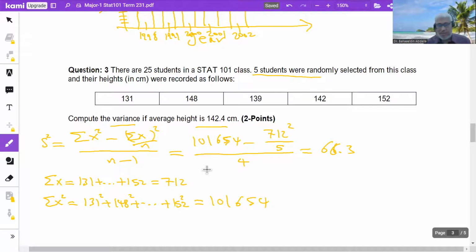If you go to stat mode, okay, you go to mode 3, it's a stat, and you press 1 variance, and you put all these 5 numbers, 131 equal 148, and so on. And then you press on and shift 1, a stat. There is a stat above number 1. So shift stat and press number 4, which is variance.